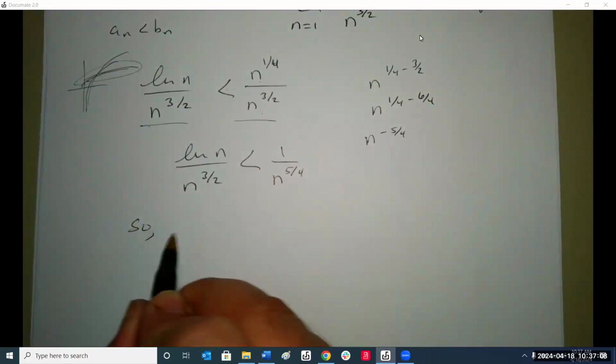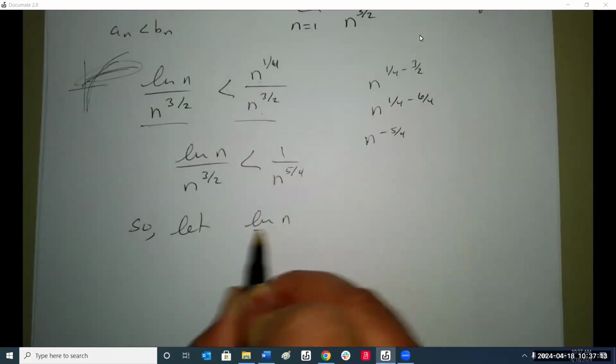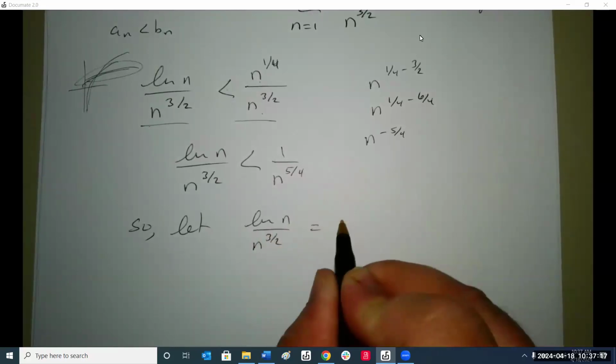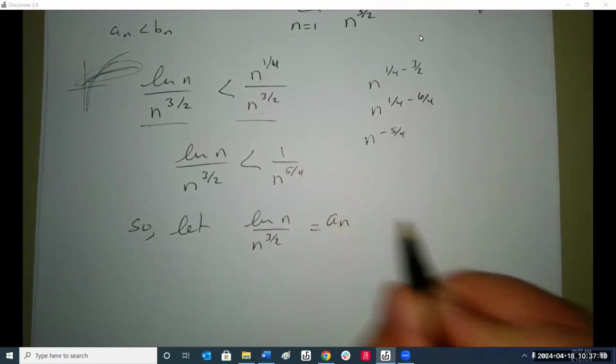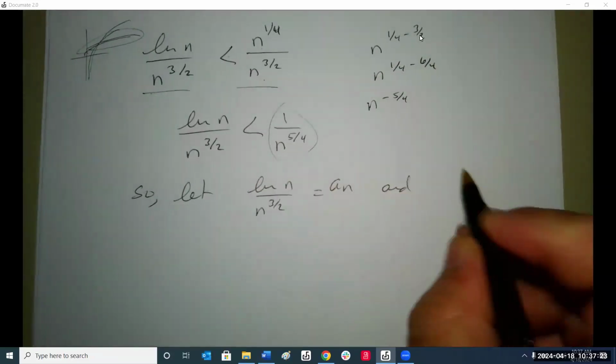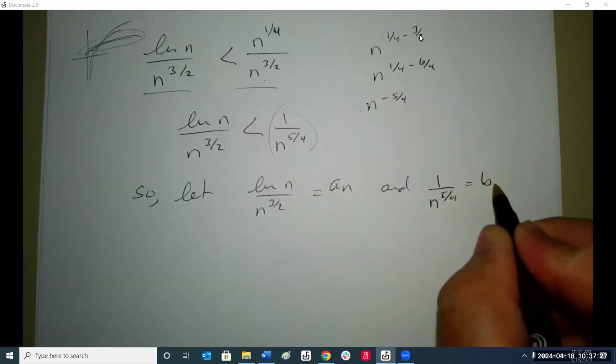So let ln n over n 3 halves equal a sub n, and 1 over n 5/4 equal b sub n.